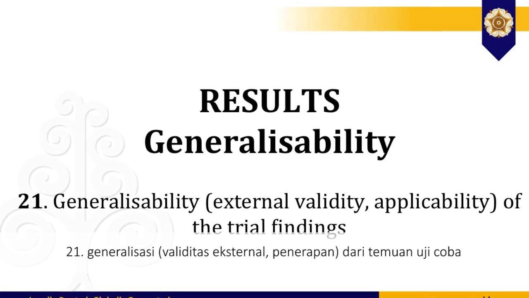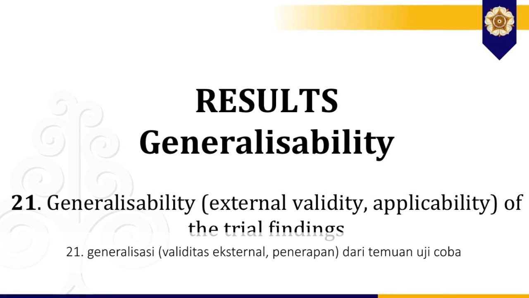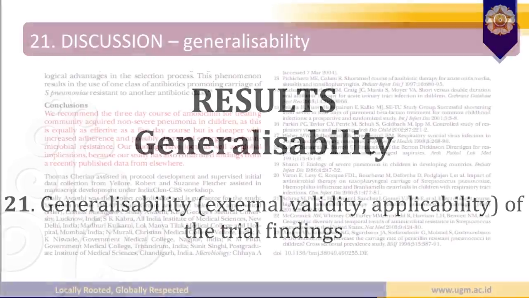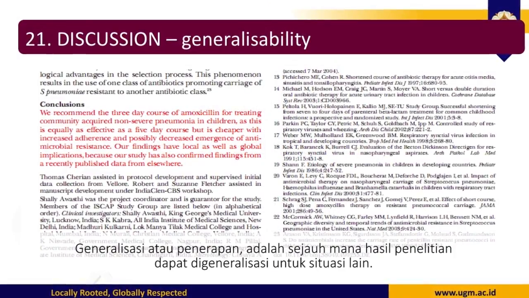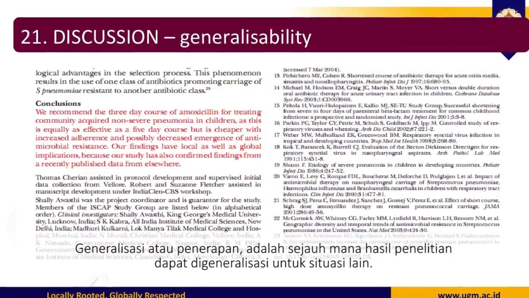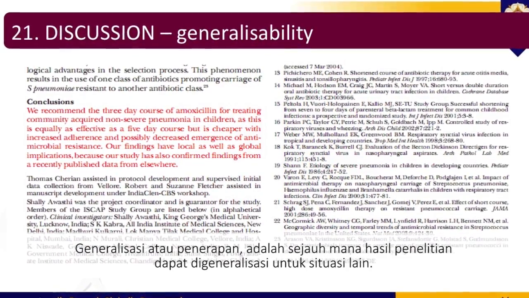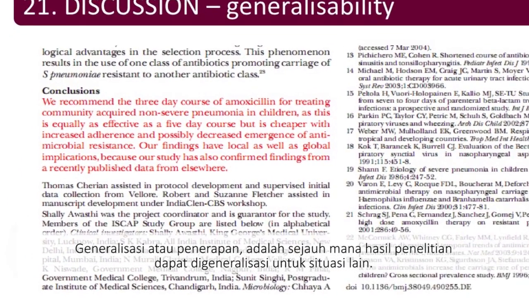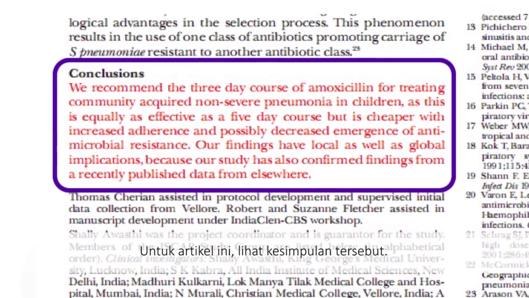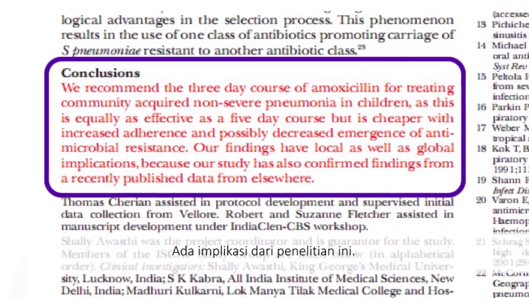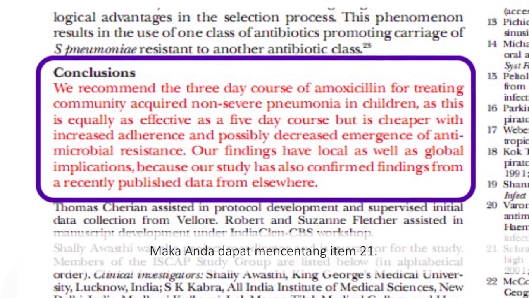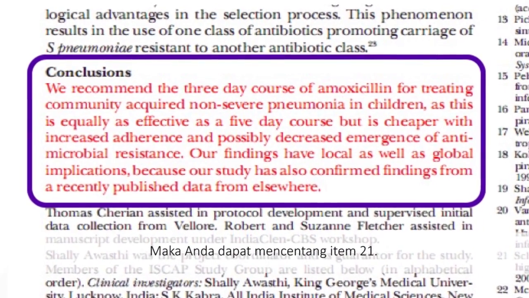Generalisability, external validity, applicability of the trial findings. Generalisability or applicability is the extent to which results of a study can be generalized to other circumstances. For this article, see the conclusion. There is an implication of the study. Then you can make a check for item 21.